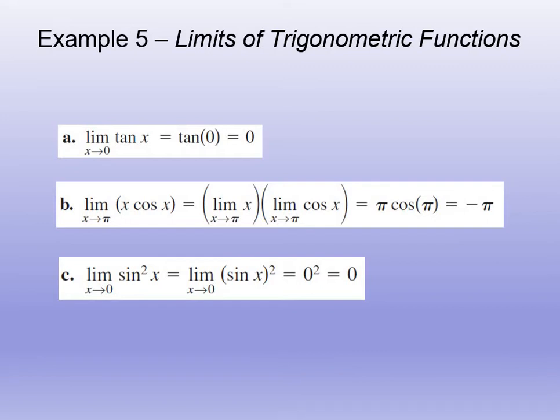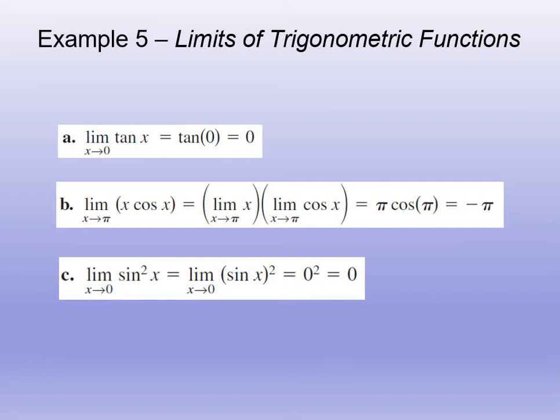Let's look at B. We have the limit of x cosine of x as x approaches pi. So we have to substitute in pi for x. We can take those two separate properties: the limit of x as x approaches pi times the limit of cosine of x as x approaches pi.